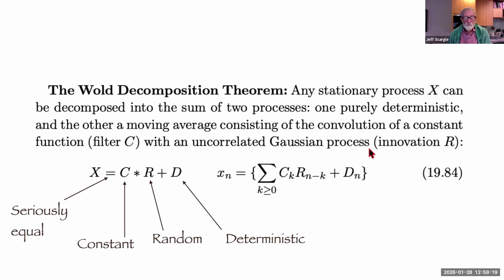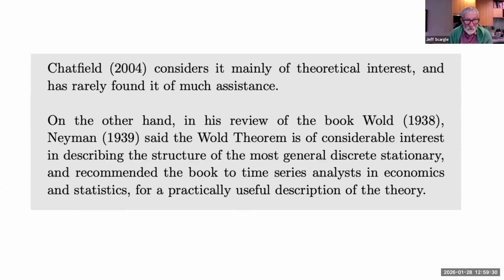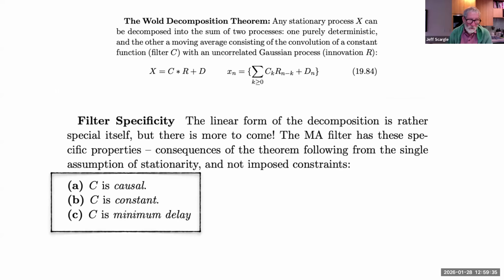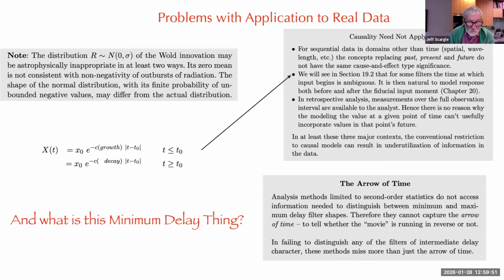So it's extremely special, but you could imagine generating a process that violates any one of those: with a non-Gaussian innovation, for example, or with a filter pulse shape that is not causal, that's acausal, a causal filter run backwards in time, or one that varies over time, over the data interval, or is one of these mixed delay filters.